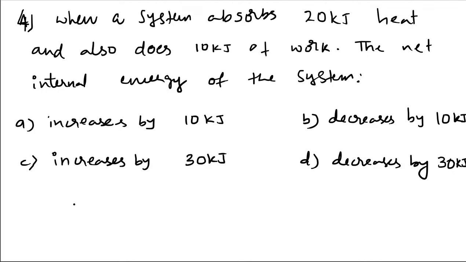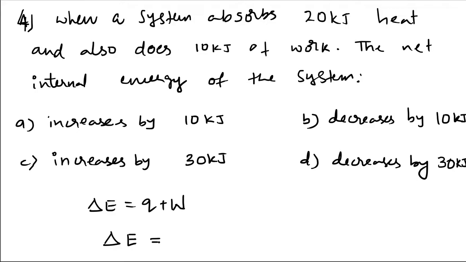So now let's find out what the answer is here. Delta E is equal to Q plus W, which is the first law of thermodynamics to equate internal energy changes, work done, and heat changes. Here, what is delta E? That's what we need to find out. Delta E is equal to Q, heat.